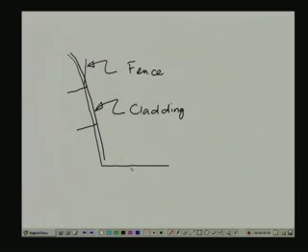Or we could have a shotcrete cladding. So this could be either a shotcrete cladding, or we could have a rockfall protection netting. These are the options.